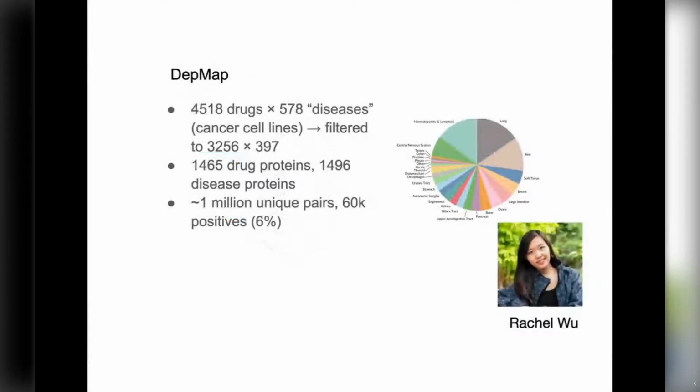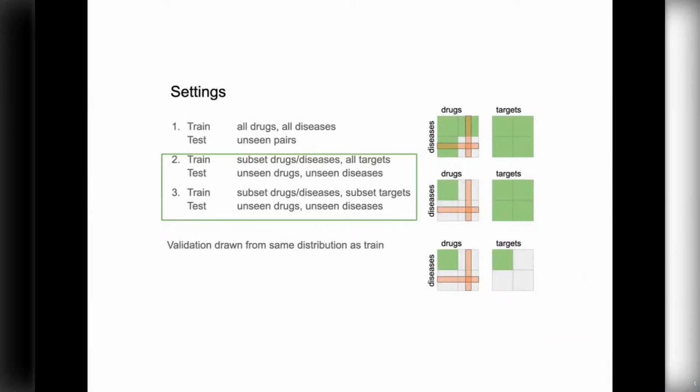And here I asked one of my PhD students, Rachel Wu, to reproduce these results. And we emulated them on this DepMap data where you have 4,500 drugs and you have cell lines which you can treat as diseases. And since I'm close to the end of my talk, I just want to say what we discovered: it really depends on how you divide your training and testing data.